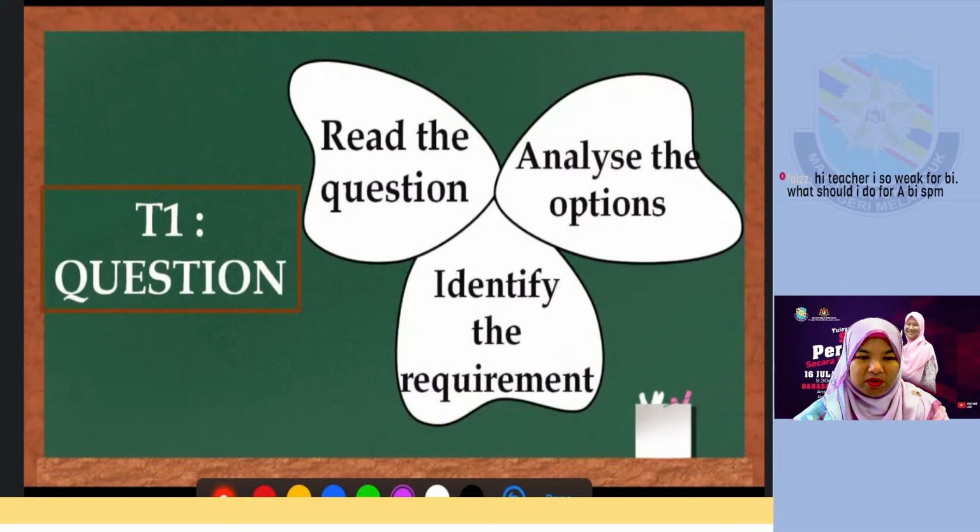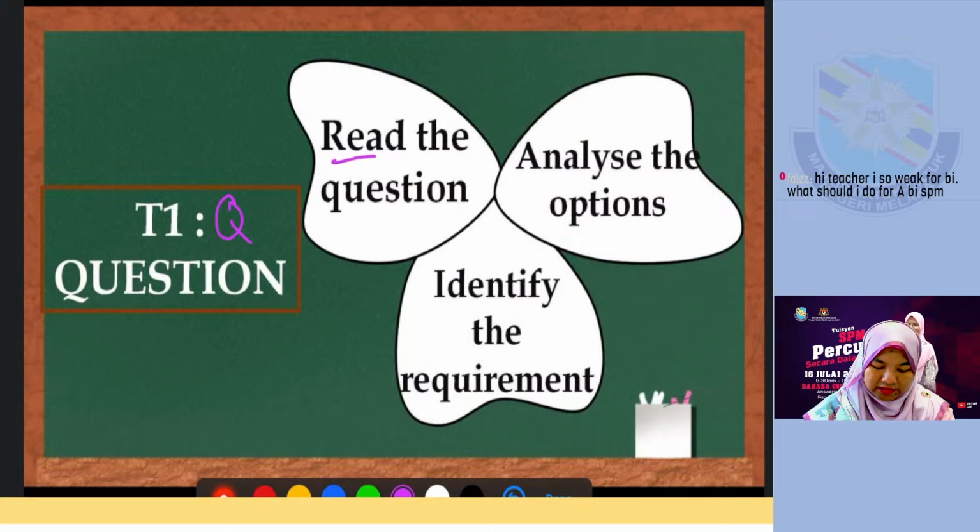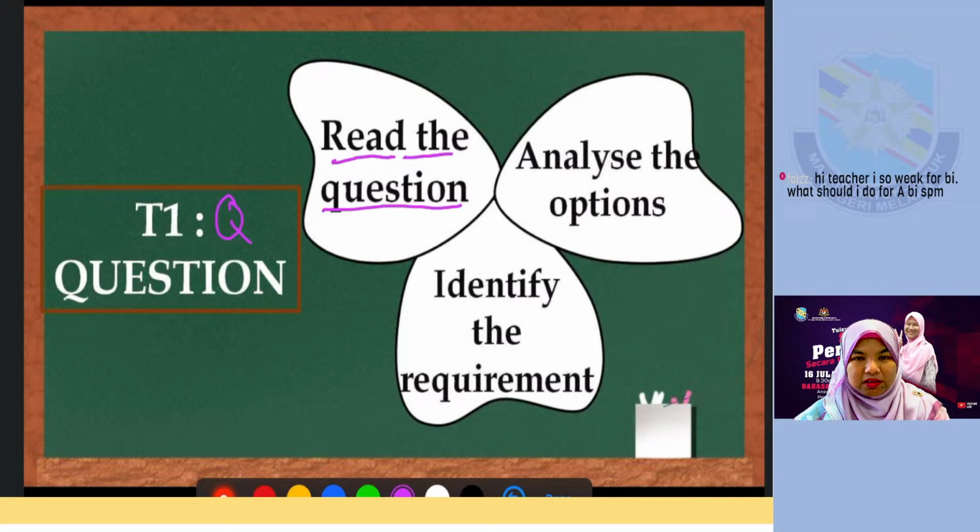Tip number 1, question or Q just now. The first thing that you should do when you receive your question paper is, first thing first, read the question. If you do not read your question, then you will not know the task or what you should find. Once you read your question, you need to analyze the options of answer.